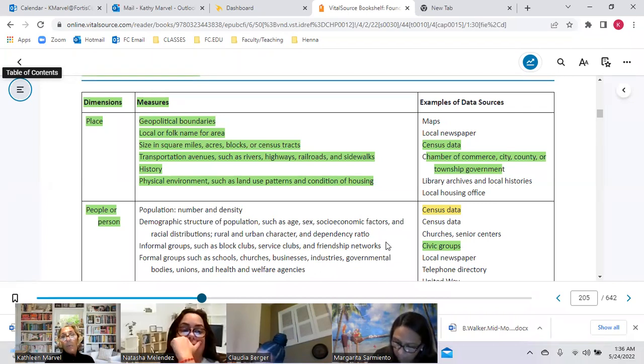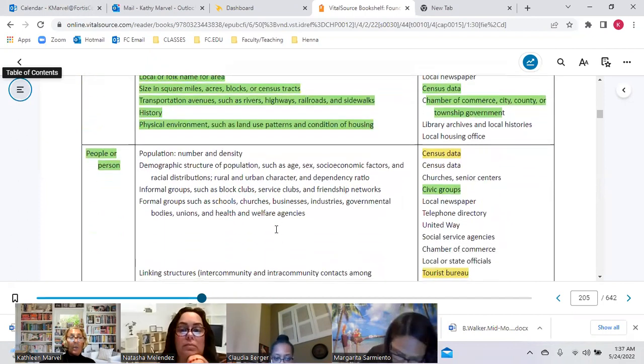Is there a local name or nickname for that place? How big is it? What kind of transportation does it have? Over on this side are examples of where you might get data, because remember, we're doing an assessment. You may go to the Chamber of Commerce, library, local housing office, or local newspaper.